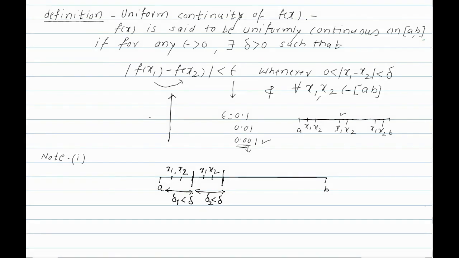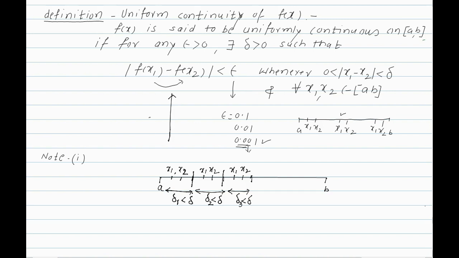Continue like this. Suppose third interval is there with length delta 3, and delta 3 is also less than delta. Then if you select any 2 points in this interval, then by definition of uniform continuity, difference between values of the function at these 2 points is also less than epsilon, and so on.